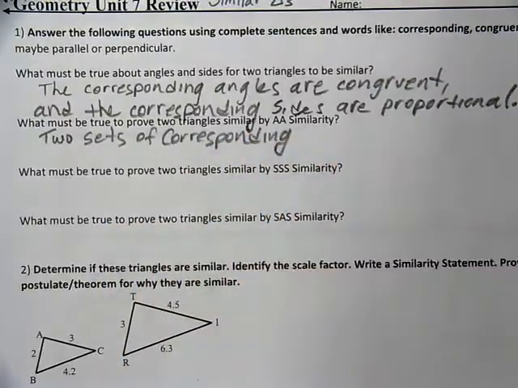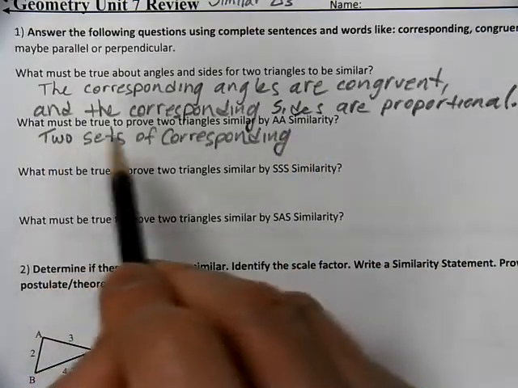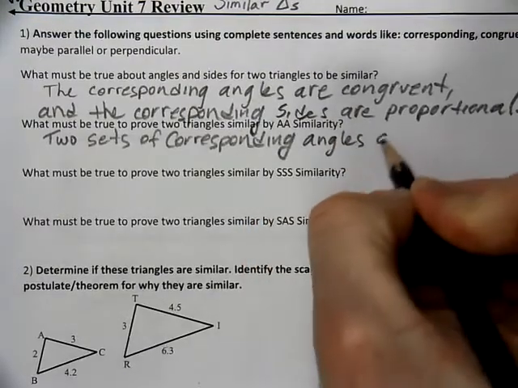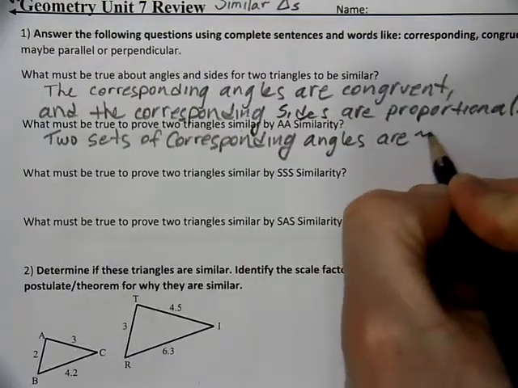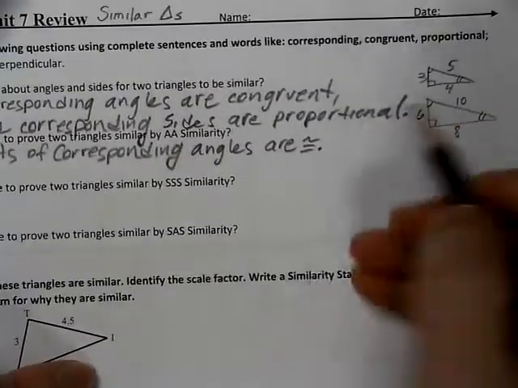And I just said corresponding sides, but the AA refers to angles. So we're looking at 2 sets of corresponding angles are congruent. The angles must be congruent.